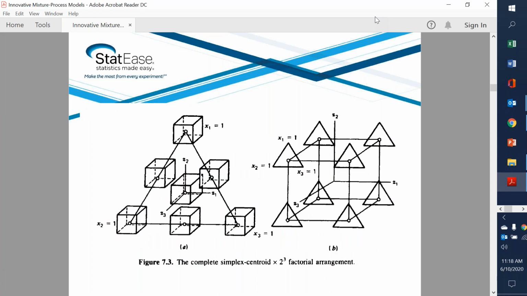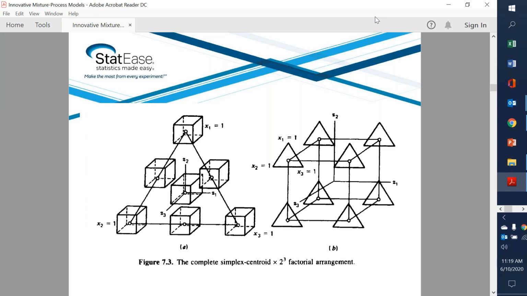Here is how John would view the experiment. I love the way John would do the graphics. There was one on the left. You see it as the simplex from the mixture components. And then you would have an experimental design in the process variables at each one of the locations of the simplex. An alternative way to view it is on the right.